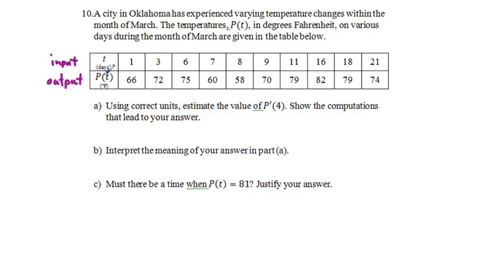So we have p, but what's p prime? Okay, well, we don't have p prime, but we have p. And so what we have is what this is. This is an average rate of change situation.